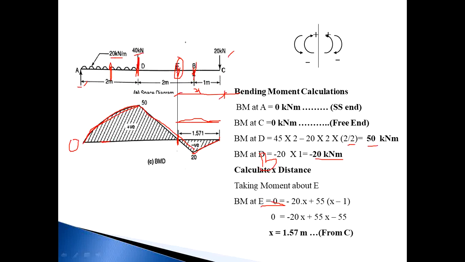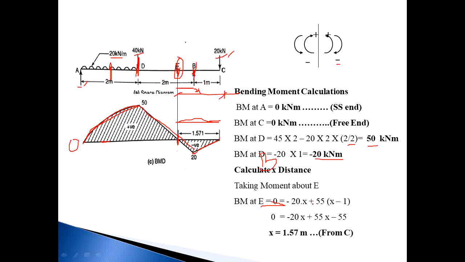So take moments about E. Consider the right side. The number of forces is 2, 20 kilonewton and RB. The direction of the moment for this 20 kilonewton is clockwise, and clockwise on the right side is minus, and RB is anti-clockwise, so the anti-clockwise moment will be plus. So 20 is the force and the perpendicular distance is x, so minus 20 into x, plus RB is 55 and the distance is x minus 1.